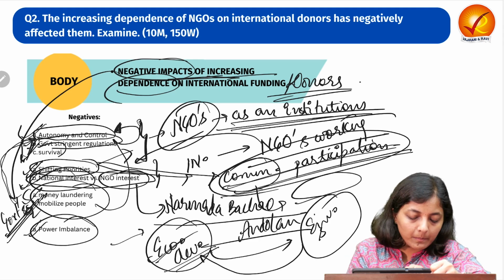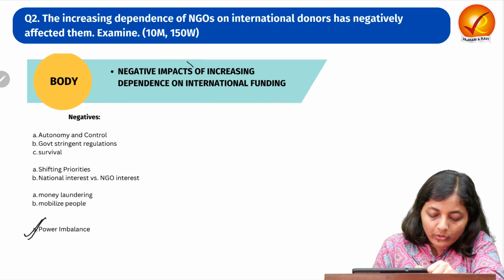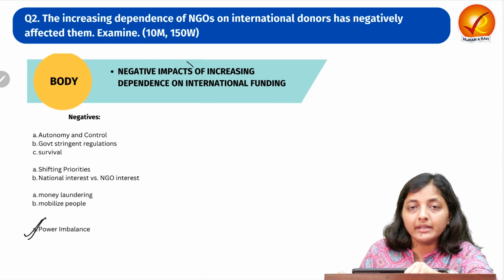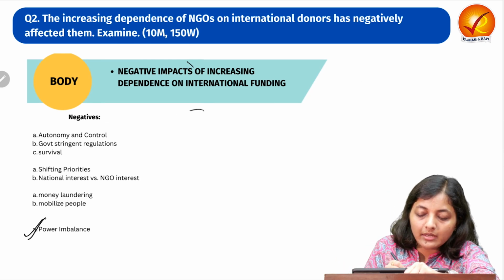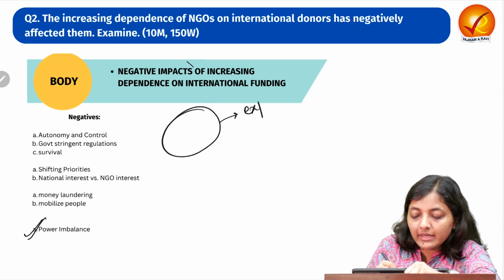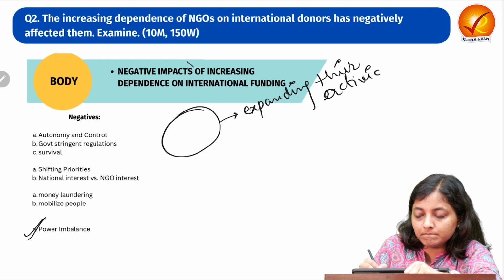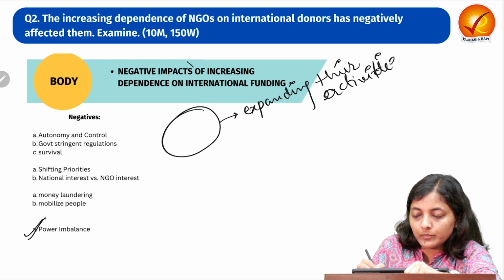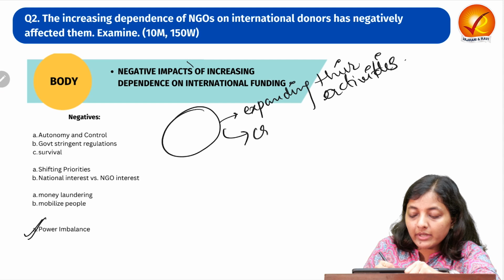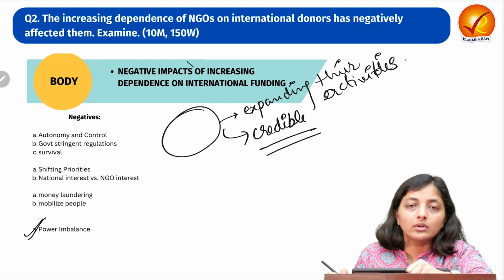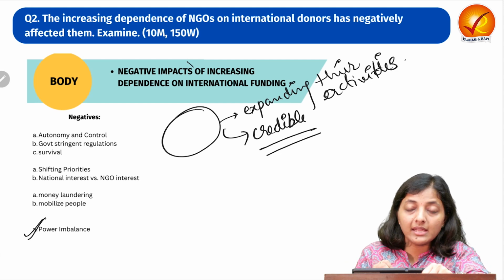What is this? Now, very few NGOs are getting international donations. Now they are expanding their activities. Now they are more credible because people know, people have listened to their names.